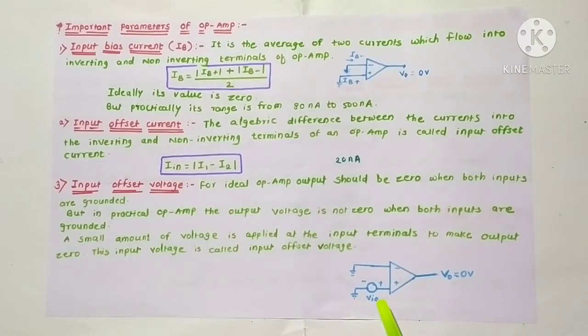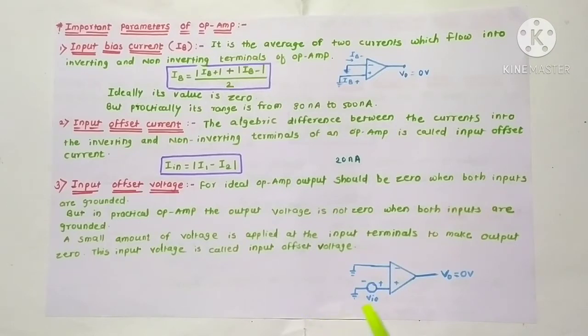So a small amount of voltage is applied to the input terminals to make the output 0. This input voltage is called input offset voltage. It means this voltage is necessary to make the output voltage of an op-amp 0 when inputs are grounded.